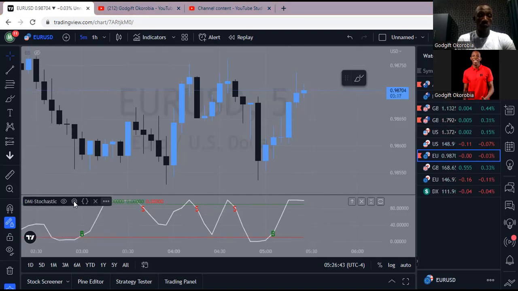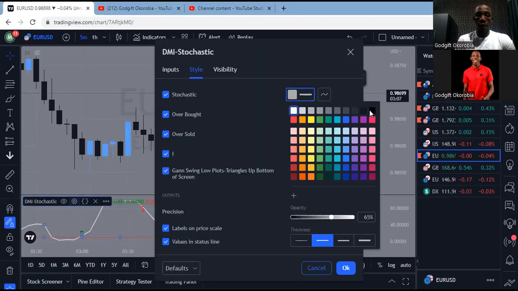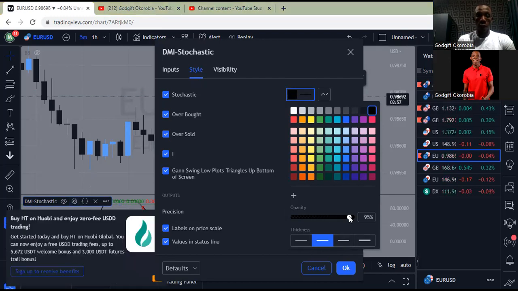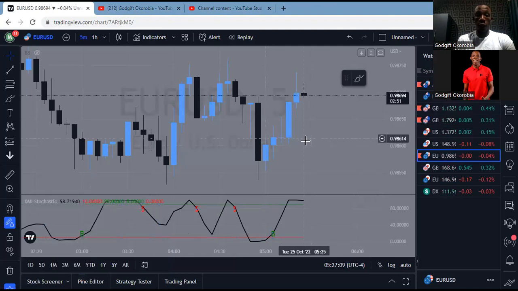The only thing I change is the color, and that's it. So I go to the stochastic here, and I just change it to black and make it thicker, increase the thickness, or I just increase the opacity, as you guys can see right there. And that is all I do when I'm using the DMI stochastic extreme.